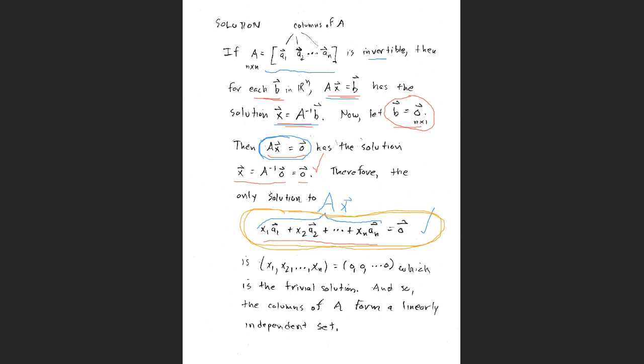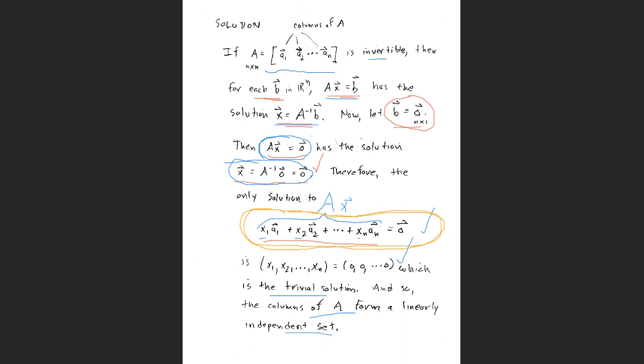So the fact that A times X equals 0 means that the linear combination of the columns of the matrix A would only have the solution X equals 0. So all these weights here, x1, x2 up to xn, will equal 0, which is the trivial solution. Hence, the columns of A form a linearly independent set.